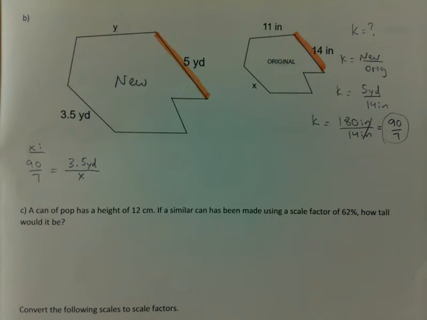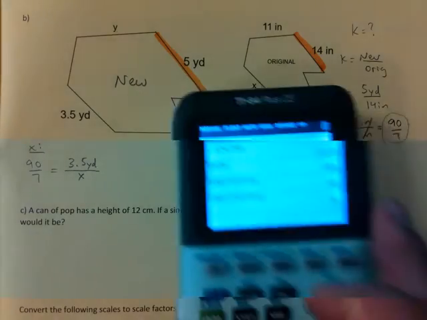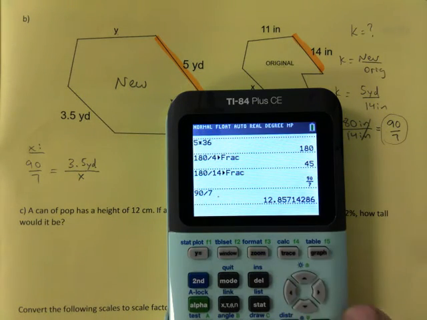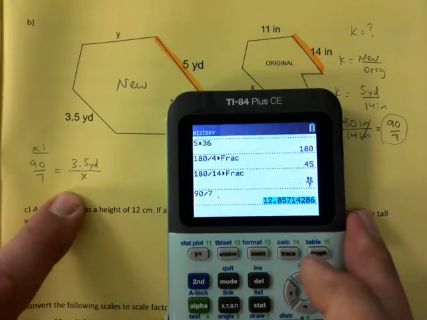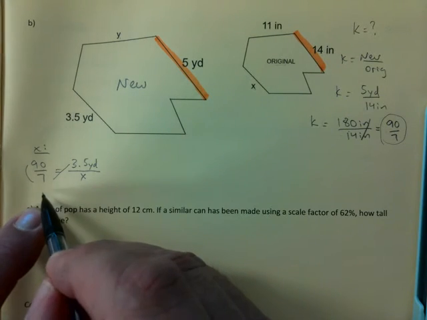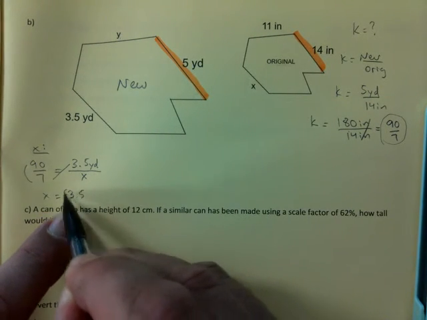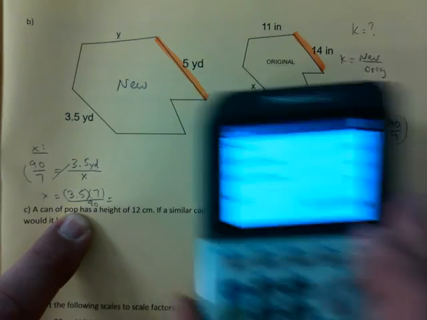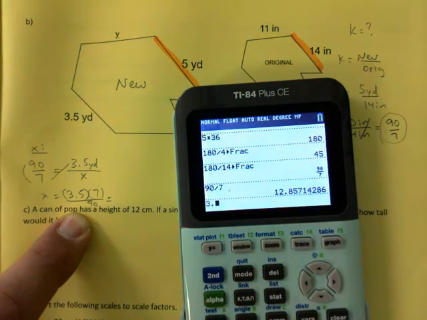Just put a 1 under it, and use as many decimals as you can. You just go back to your calculator. If you go 9 divided by 7, have that up there and just go as far up as you have to, and copy it. That's the beauty of these calculators. So anyways, you multiply and divide like that. So it's 3.5 times 7 over 90. Okay, so let me go back here. 3.5 times 7 divided by 90.